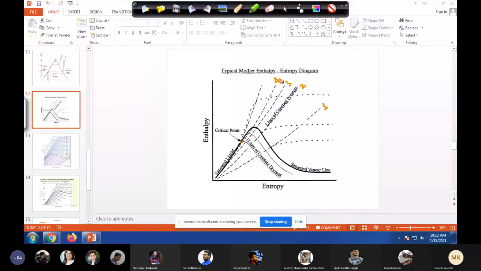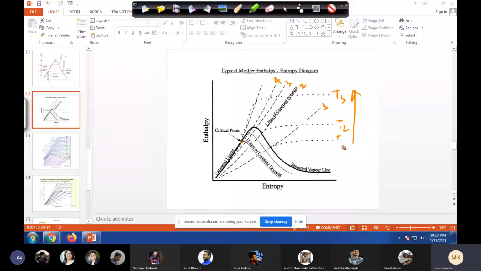In this constant pressure line, of course, pressure is increasing as we are going up, and you can easily understand that if you do some maths. Similarly, as we go up, temperature is also increasing. As we go up on these lines, temperature is also increasing. These are constant temperature lines, T1, T2, T3, and so on. So temperature is also increasing in this direction, and pressure is increasing in this direction.